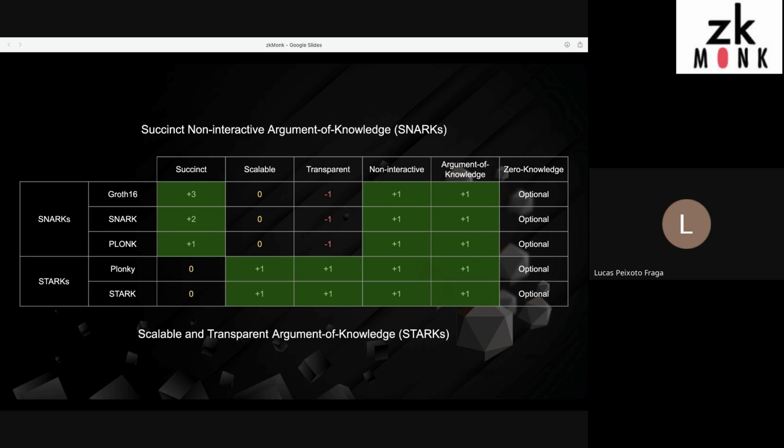With SNARKs, you can prove problems up to a certain size. The size depends on a few factors that I will explain briefly, but STARKs don't depend on these factors, so we can prove problems of any size.